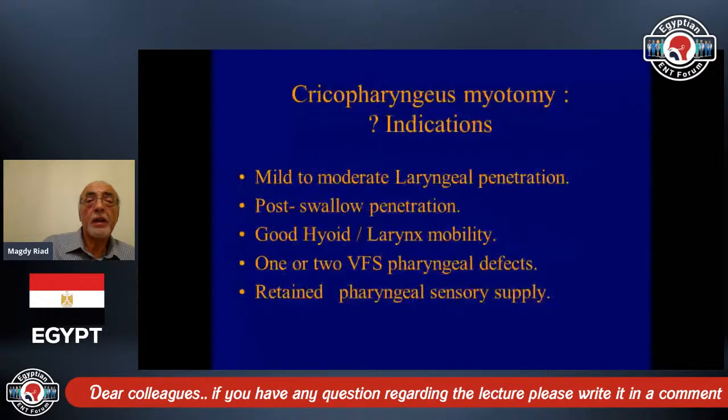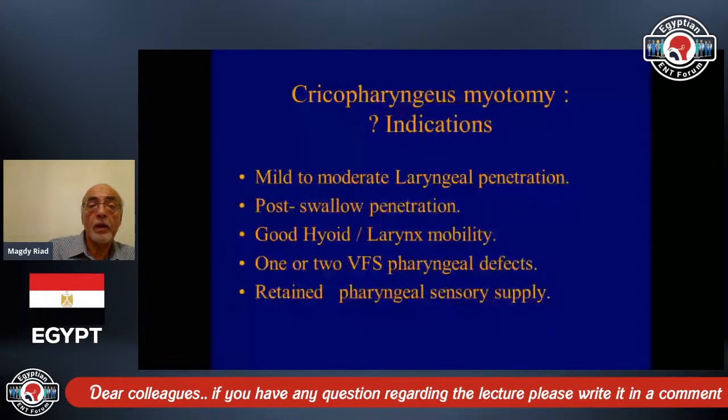When do you actually need to do this? It is probably the commonest procedure you'll be doing. It's for the milder and the moderate forms of laryngeal penetration. The aspiration should be post-swallow, not during or pre-swallow. And you should make sure that there is good hyoid and laryngeal mobility, because if there isn't, there is not much benefit in doing a myotomy.